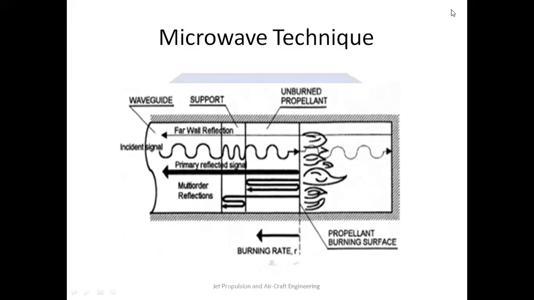The circular tube is known as a propellant-filled waveguide and is linked to a burner chamber pressurized with nitrogen by an oscillatory pressurization system. The microwave signals propagate through the propellant strand and are reflected from the propellant burning surface. The phase shift of the reflected signal is continuously measured, and from this shift the burning rate of the propellant sample is obtained.